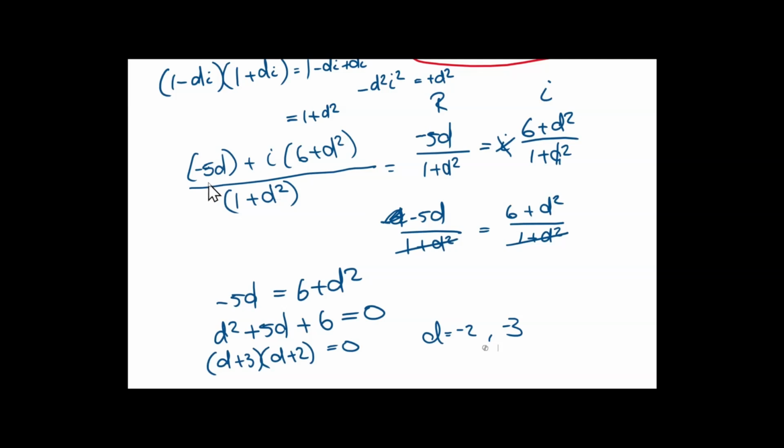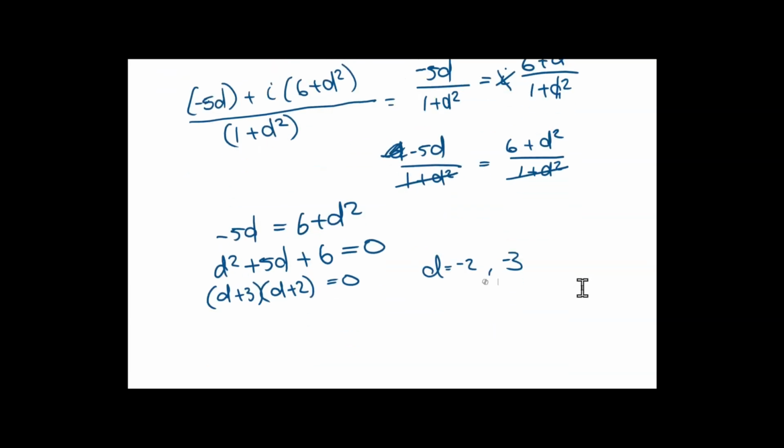For this one here, I kind of expanded this out, so maybe I'll do it like that. So minus 5d plus 6 plus d squared times i over 1 plus d squared.